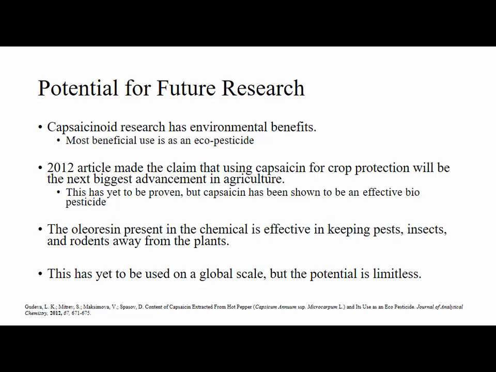In 2012, an article did make the claim that capsaicin for crop production is going to be the next big advancement in agriculture. Even though this is yet to be proven, capsaicin has shown to be an effective biopesticide. And this again is due to the oleoresin present in the chemical, but it is also effective at keeping pests, insects, and rodents away from the plants. So this hasn't been used yet on a global scale, but the potential for this is limitless.